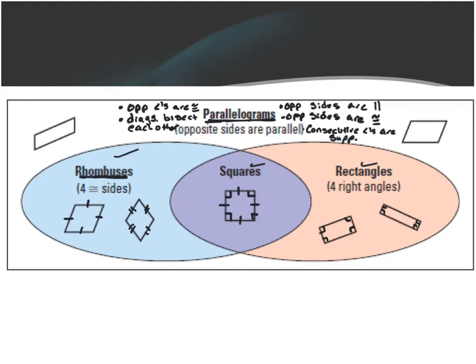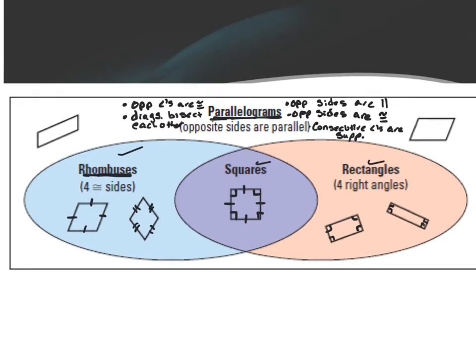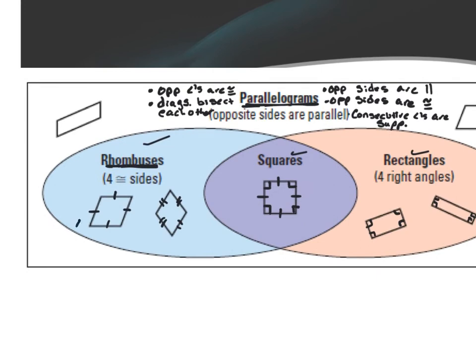A couple other things that we are going to learn, and we are going to add them on, is that in a rhombus, the diagonals, this is an additional thing. It's not contrary to the others. Additionally, the diagonals are perpendicular, meaning that these diagonals here will form 90-degree angles.